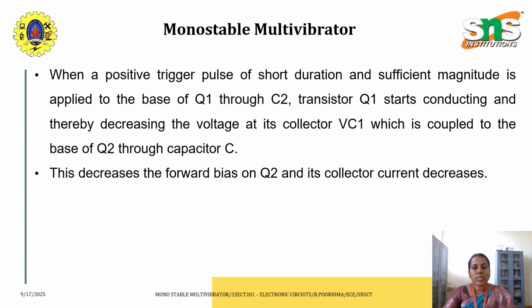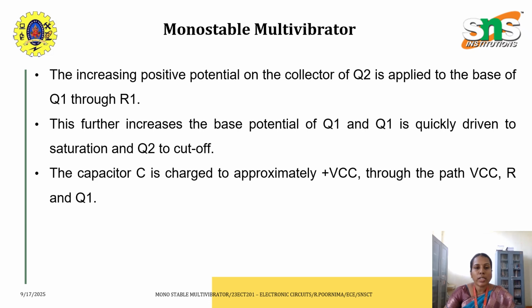This decreases the voltage at the collector, which decreases the forward bias on the second transistor. Now the increasing potential on the collector of Q2 is applied to the base through the resistance R1. This increases the base potential of Q1, so Q1 becomes saturated and Q2 is cut off.